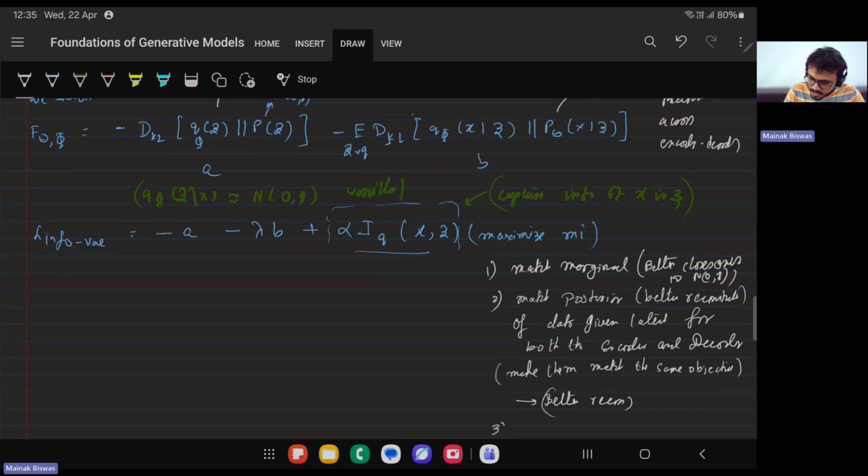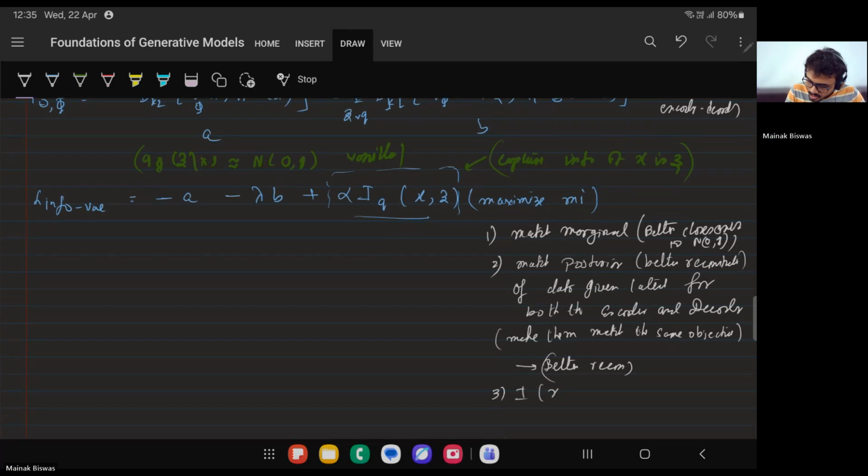And the third term, the mutual information, will maximize the information of x in z. So these are the three objectives of the three losses, right?